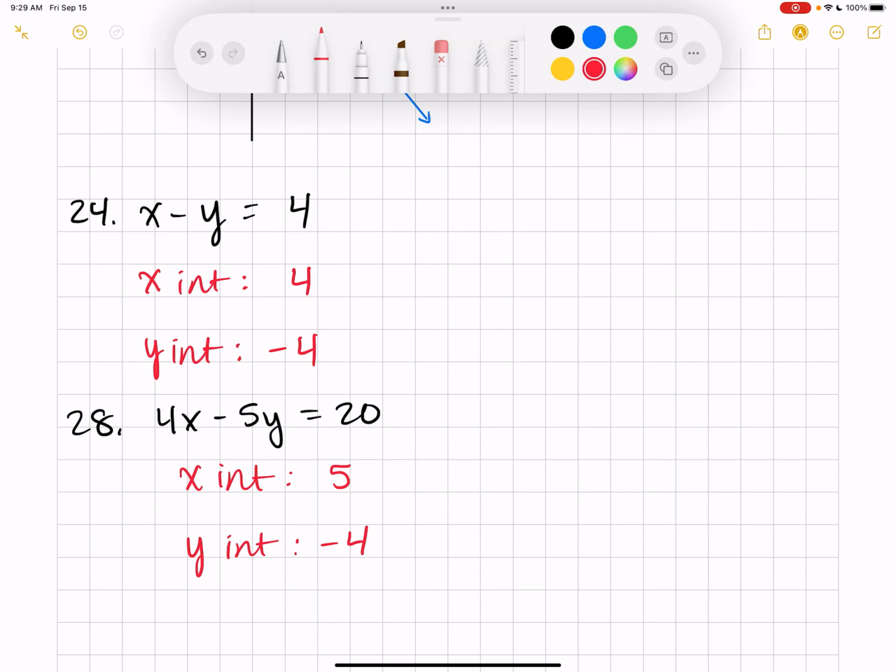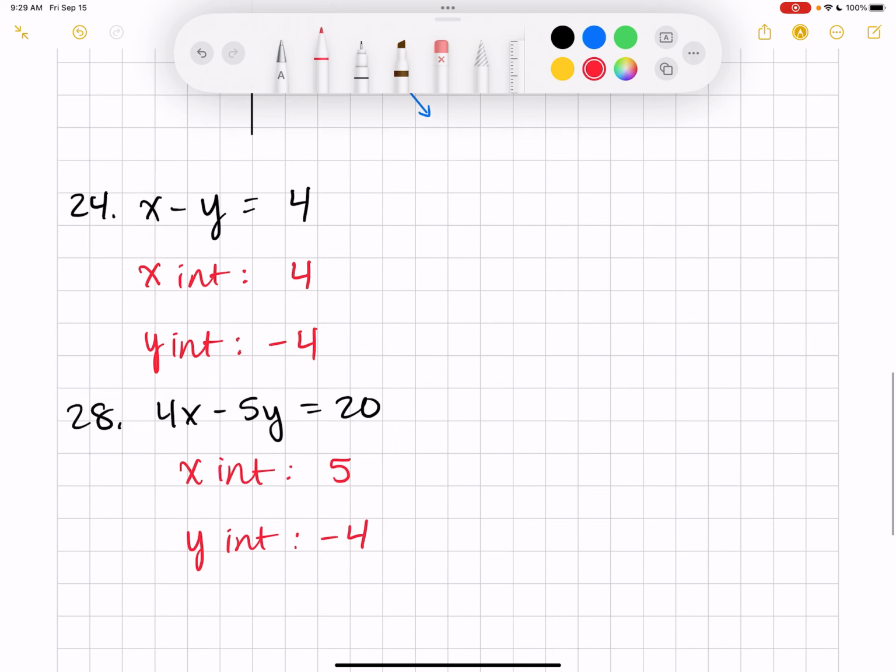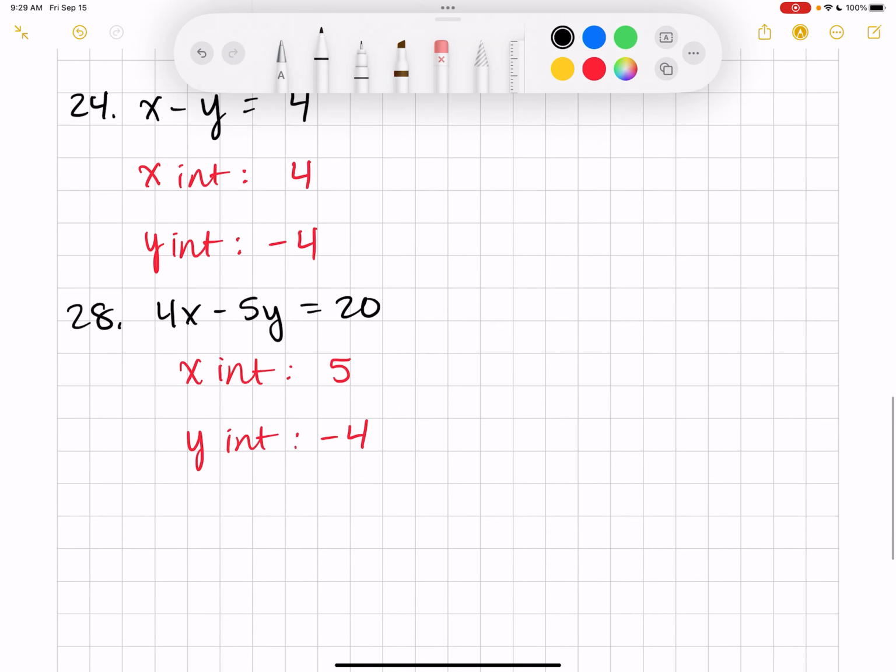All right. With that, it says to graph the equation, label any intercepts. So if they give you the equation of the line in standard form, like they did in 24 or 28 and we were going to graph it, I just plot those points on the x and y axis and draw a line between them. So something like 32, 2x minus 6y is equal to negative 12.